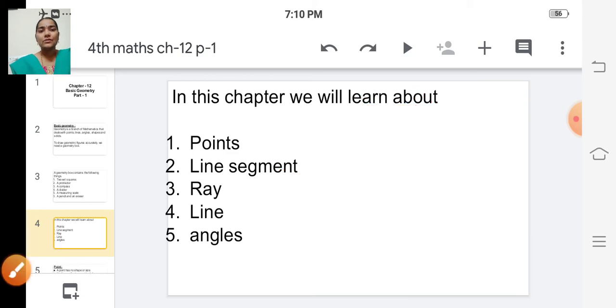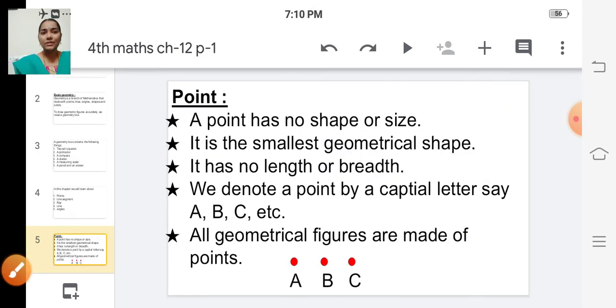Okay, so we'll see point. A point has no shape or size. It is the smallest geometrical shape. It has no length or breadth.